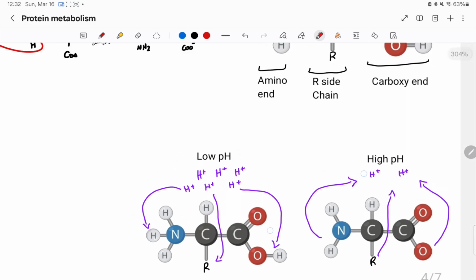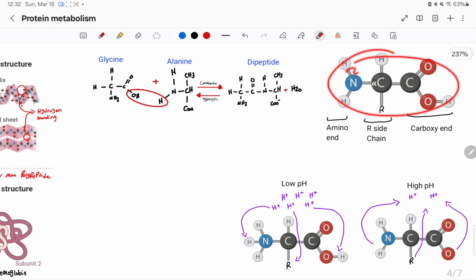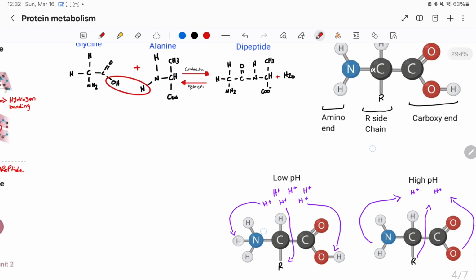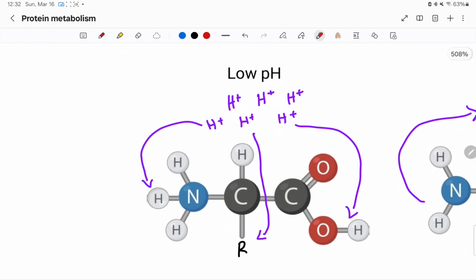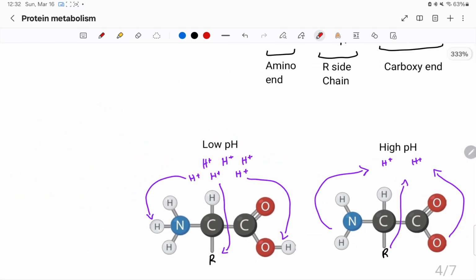So look at it. Beforehand, it looked like this, right? NH2, COOH, okay? But now look at it. It might take up some protons to the R group. It might take up some protons to the NH2, making it an NH3. It might take up some protons, turning a COO into a COOH. Okay? What happens when I put it in a high pH environment? Well, in a high pH environment, this is what it would look like.